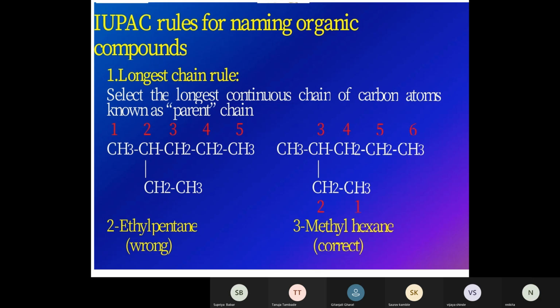Since single bonds are present, the primary suffix is ane, which is attached to the word root: hexane. So this is the correct way. First we have to select the longest continuous chain, which means the chain should contain the maximum number of carbons.